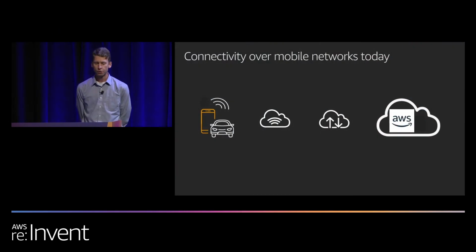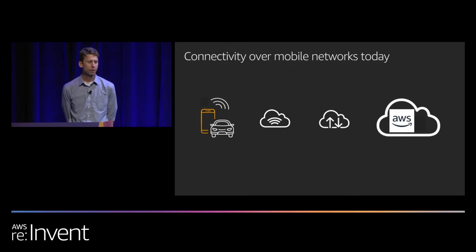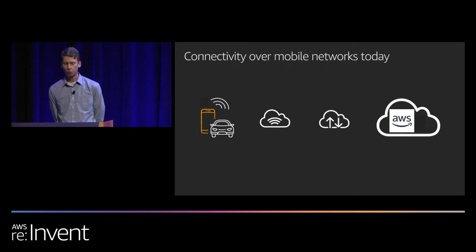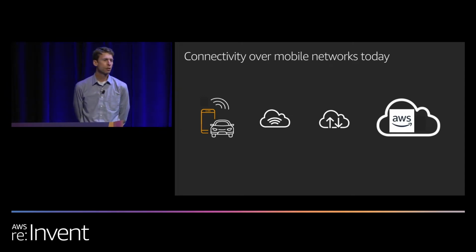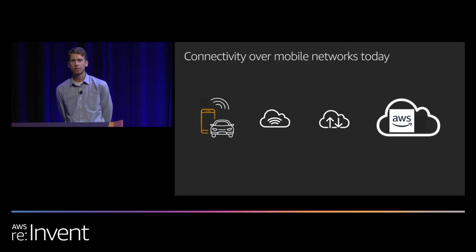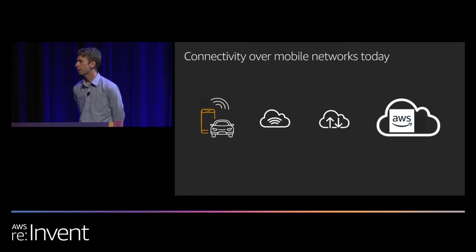And so emerging classes of applications that we're talking with customers about need increasing amounts of compute and storage closer to end users and devices. Device makers could try to add the compute and storage necessary into the devices, but that would lead to a lot of extra cost, size, and drains on battery life. And so they're looking for other options.